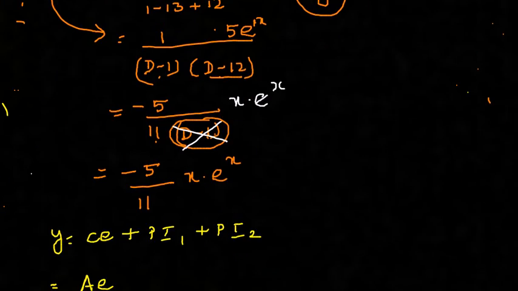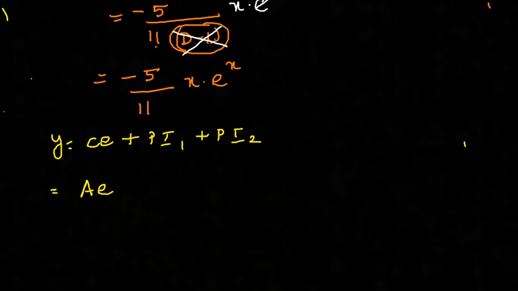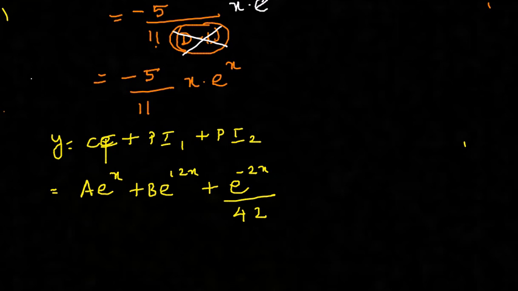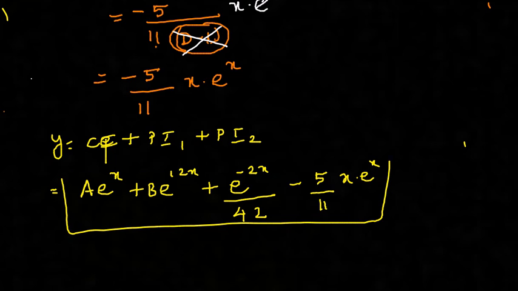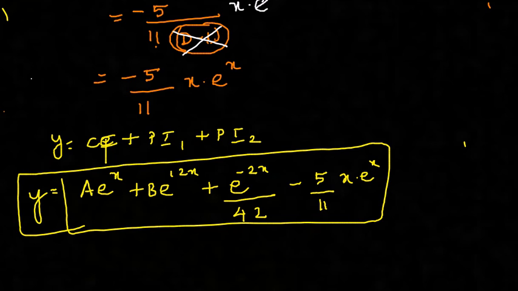A e power x plus B e power 12x, plus what was our particular integral 1? e power minus 2x by 42, plus particular integral 2, which is minus 5 by 11 into x e power x. So this is your final solution, your general solution.